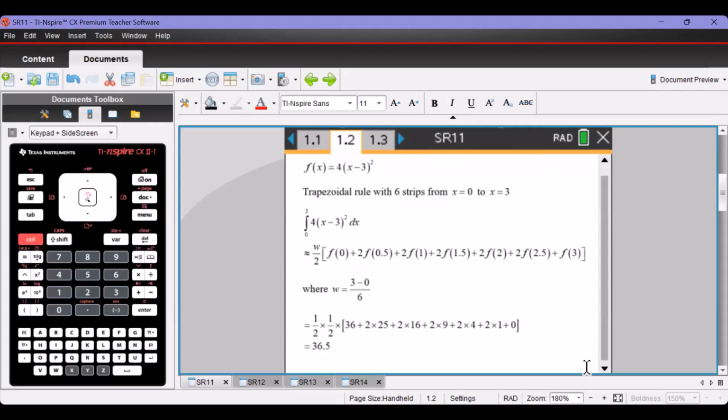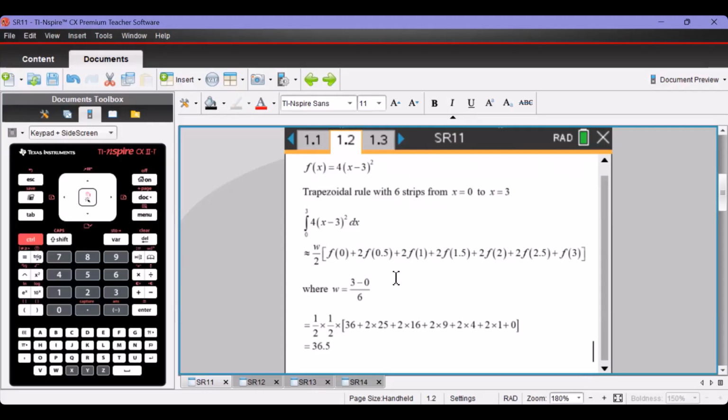From the formula booklet, the trapezoidal rule formula, and you'll need to state this working in your solutions, the definite integral is approximately equal to w on 2, where w in this instance is (3 minus 0) over 6, if we'd like to call it the width of the strip, times these particular function values, built upon the 6 trapezia being used.